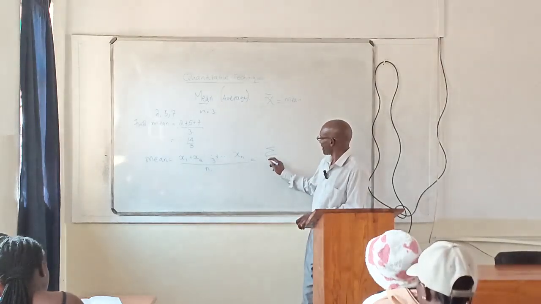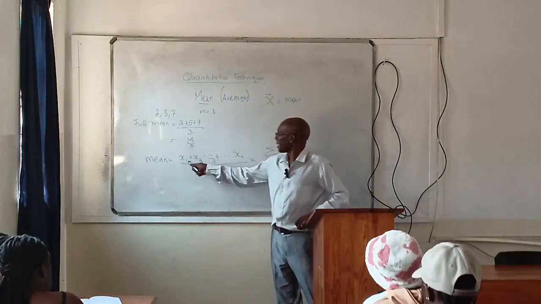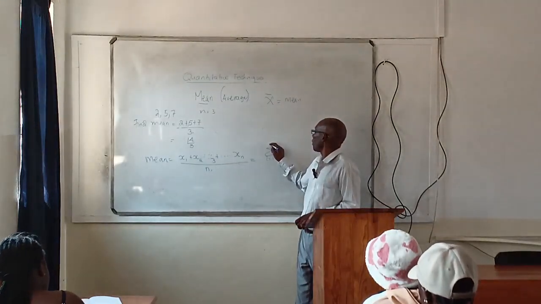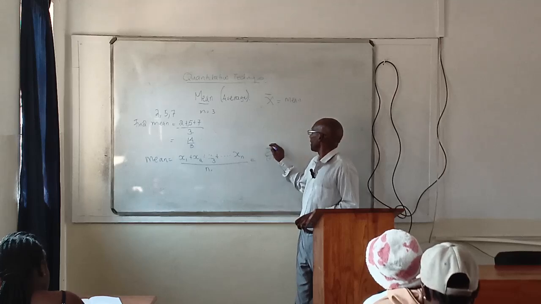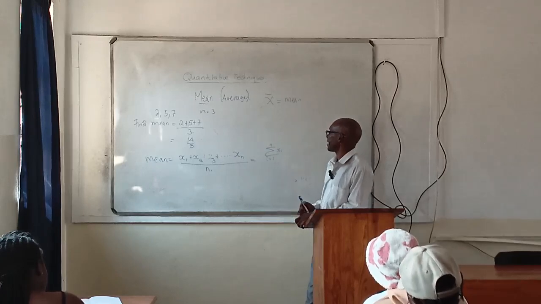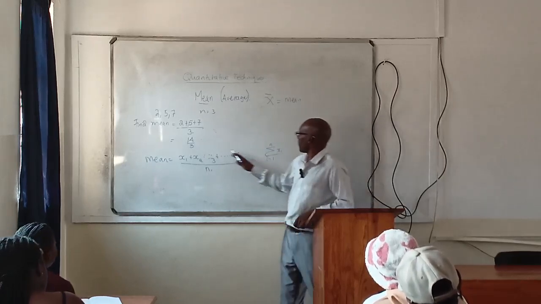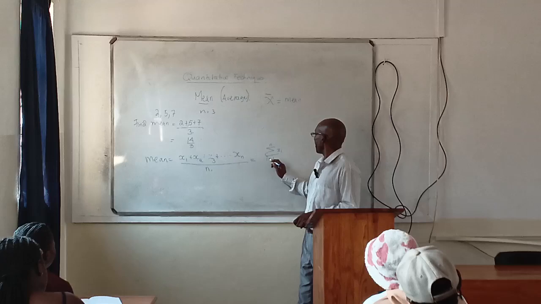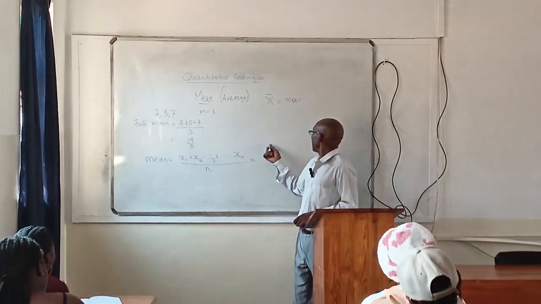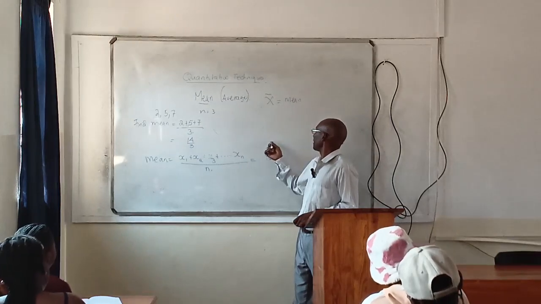Which i is starting from number 1 to number what? n. And these are all xi's. We are adding all the xi's, all the numbers. Our i started from number 1 to n.